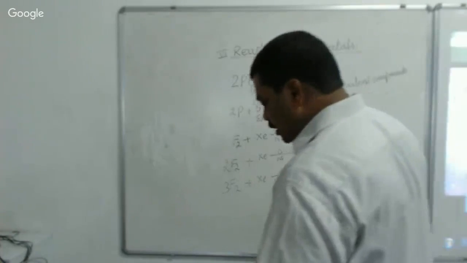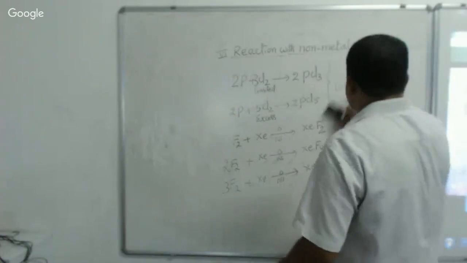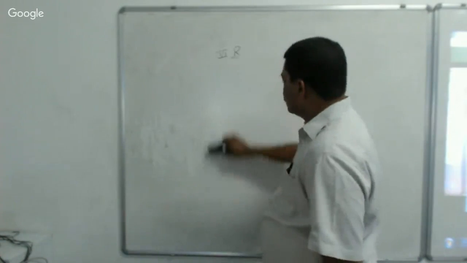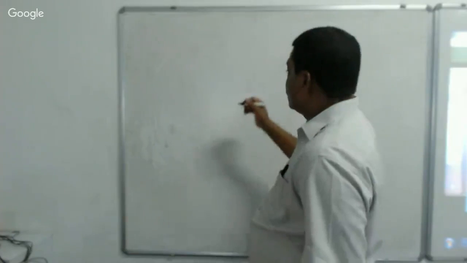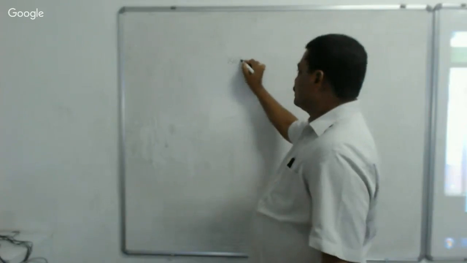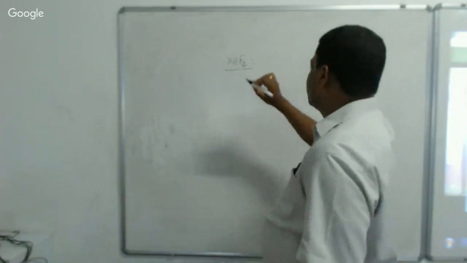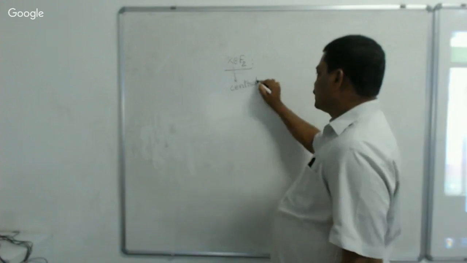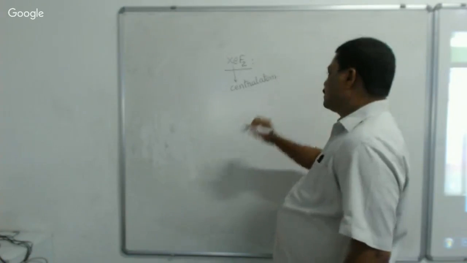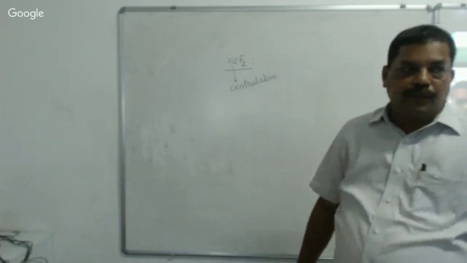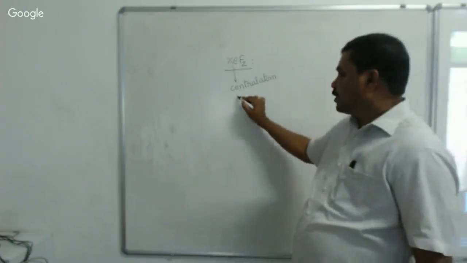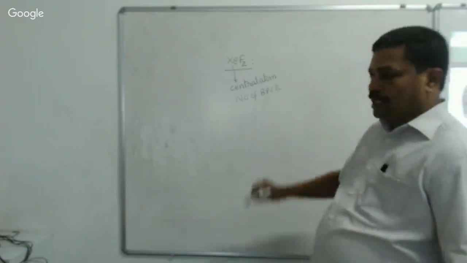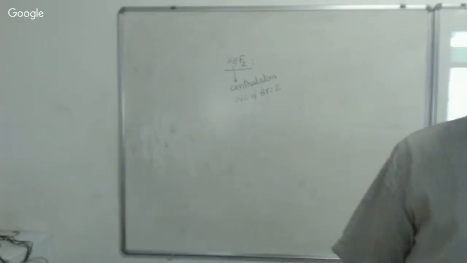So if you take all the xenon fluorides, XeF2: xenon is the central atom. It is connected to how many fluorines? 2 fluorines. So just by number of bond pairs, since it is connected to 2 atoms, bond pairs are 2.